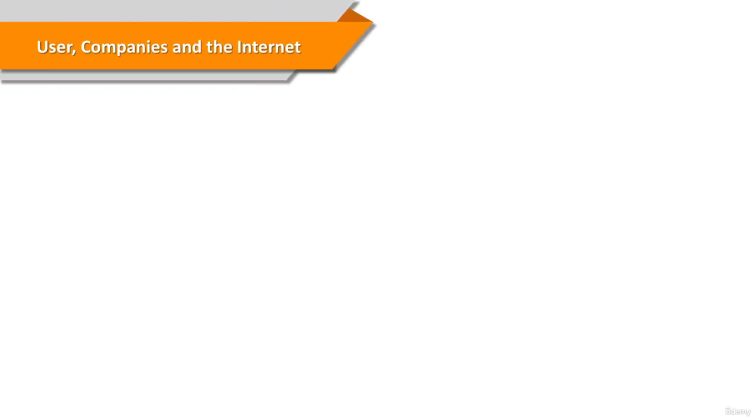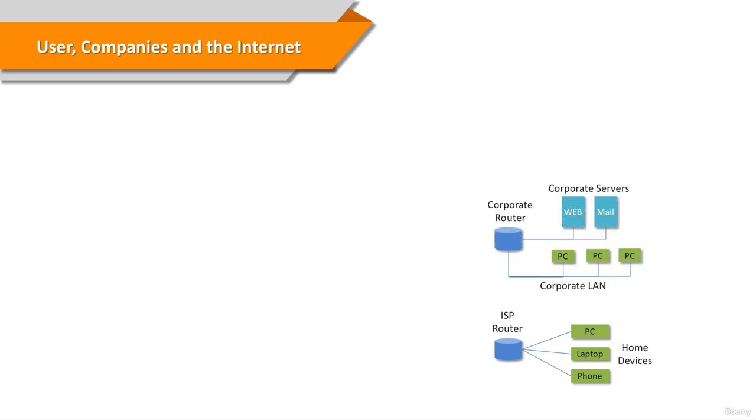So let's see what the Internet looks like on its most basic level. Here we have a home network with a router given by the Internet service provider, or ISP. Remember that modem that's given to you by your ISP. And the devices it connects to the internet. This is a corporation with a lot of end-user computers and servers as well.